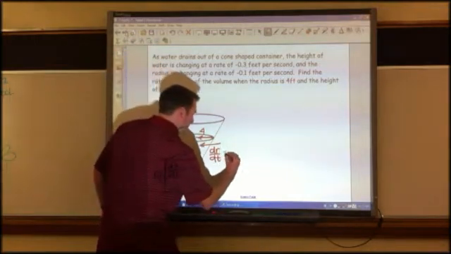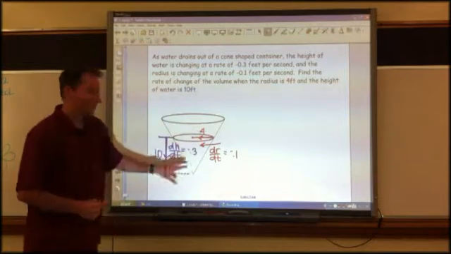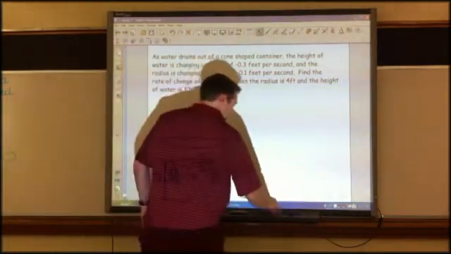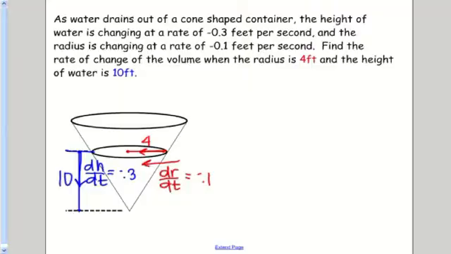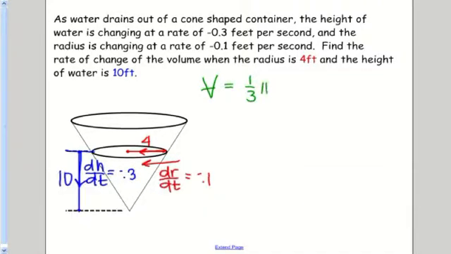And then I've got dr/dt is negative 0.1. And I'll just sort of keep all this information in mind as we solve this thing. First thing I need here is an expression for volume of a cone. And that's going to be 1/3 pi r squared h.